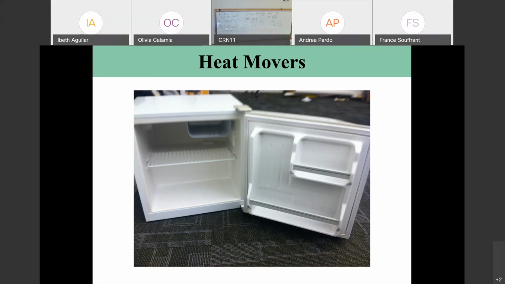So in these devices, heat is transferred from a substance being cooled, in the case of the refrigerator and the air conditioner. It's extracting heat from an area, right? So it's going from a cooler to a warmer substance, basically.